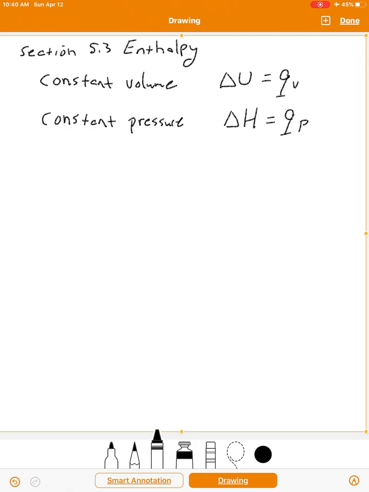If we're at constant volume, we'll calculate the change in internal energy of the gas. If we're at constant pressure, we'll calculate or measure the change in enthalpy of the gas.